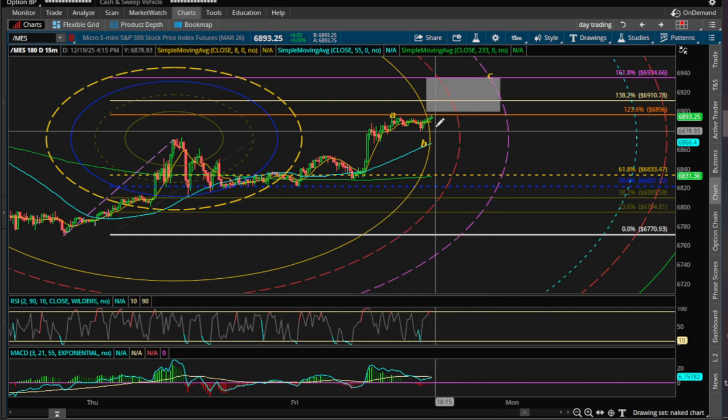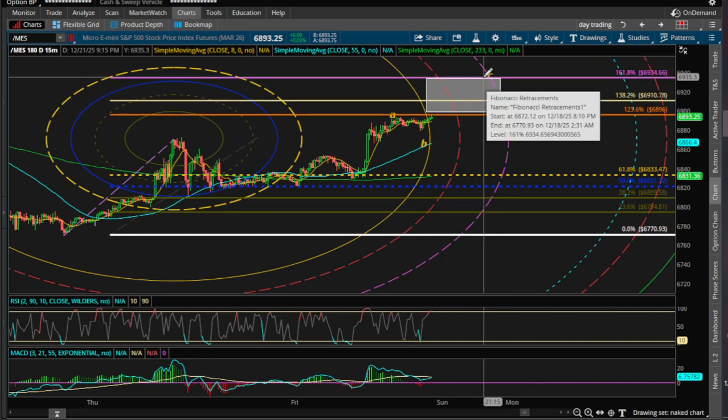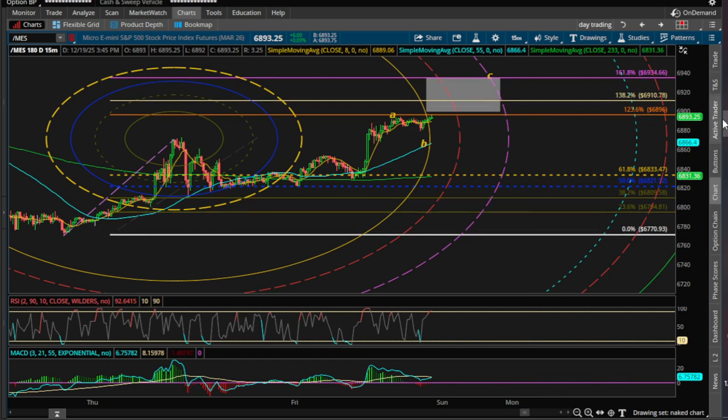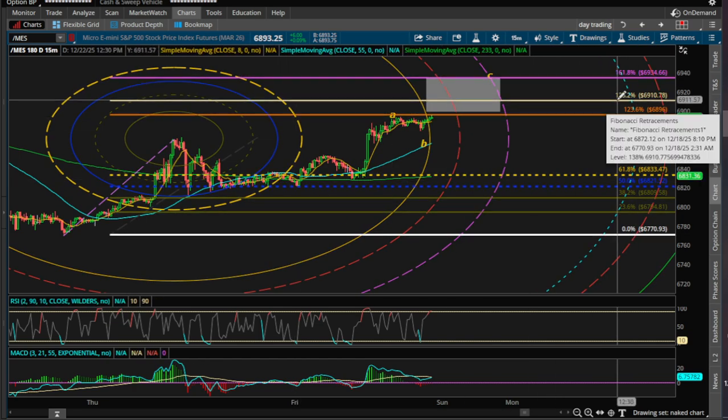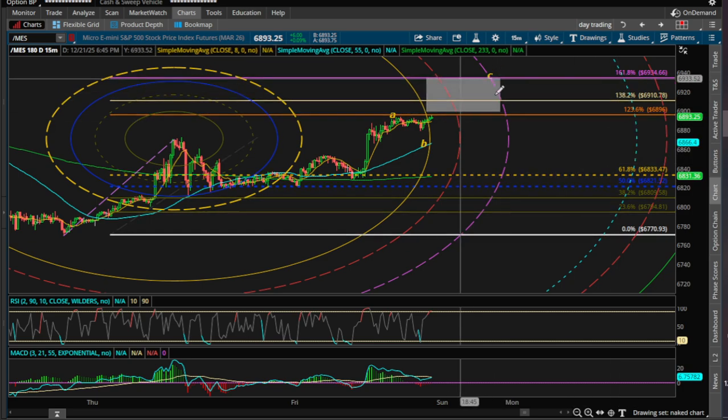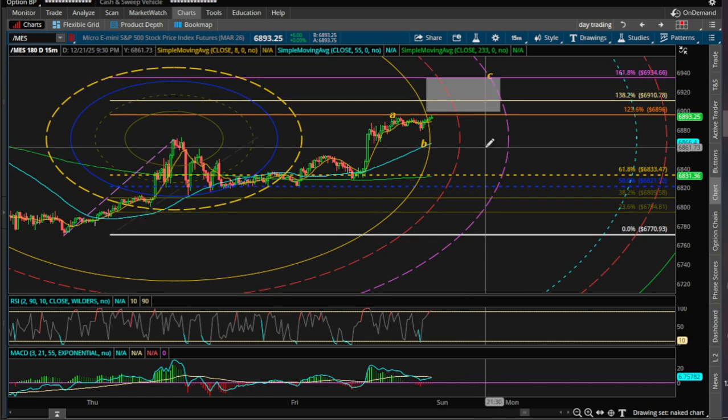Alright. So if this price goes above the 161.8 or 69.35, then I would say we need another degree higher. Okay, so that's definitely our bullish signal to cross that 69.35.